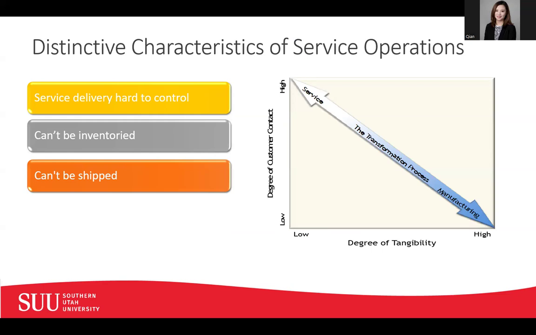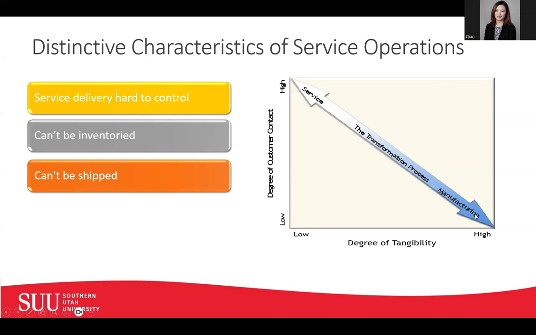And in general, especially nowadays, most industries are a combination. They may be closer to the service industry or closer to the manufacturing industry, but most of them lie along this diagonal. It's not purely service or purely manufacturing.